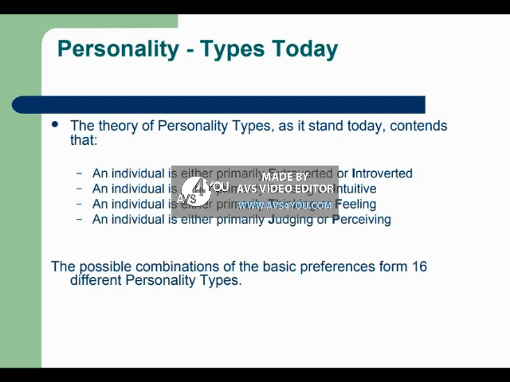An individual is either primarily sensing or intuitive. An individual is either primarily thinking or feeling. An individual is either primarily judging or perceiving. The possible combinations of the basic preferences form 16 different personality types.